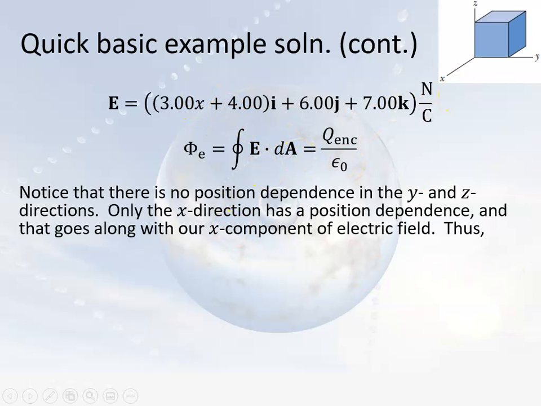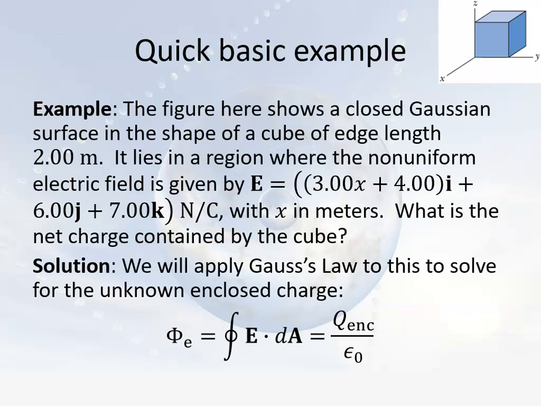But in any case, we have this cube that has an edge length of 2 meters, so each of these edges goes 2 meters from the origin in the y direction and the z direction, and goes to a position of x equals negative 2 meters in the x direction.